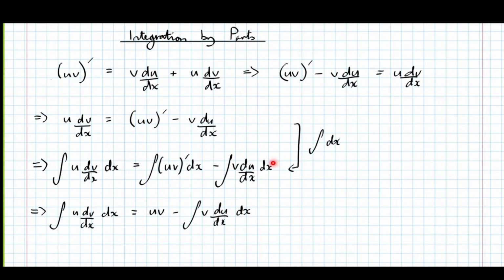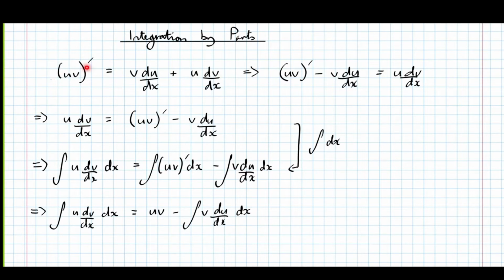And actually, now what I've derived here is a formula that says if I've got the integral of the product of two things, the first thing in the product being u and the second thing being dv by dx, then an equivalent answer can be gained by doing this alternative integral, uv take away the integral of v du by dx. So that's what this says.